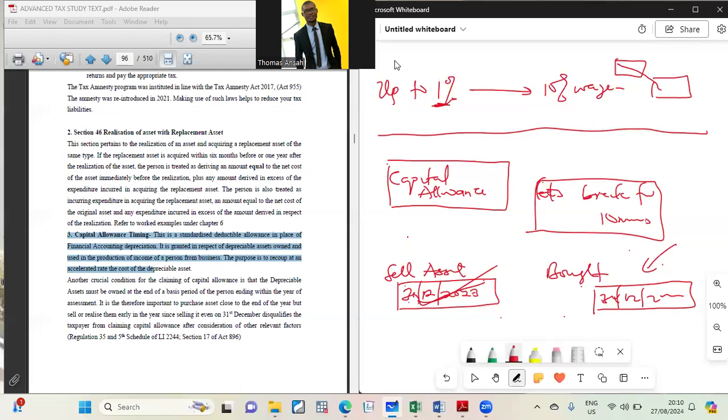So I'm saying that since we are looking at when to sell the asset and when to buy, if you should buy an asset at the end of the year, won't there be consideration of whether that asset will actually be used in the production of goods and services? Of course, if I buy within the year, you can't ask me whether I bought the asset at 11:59 p.m. on 31st December.